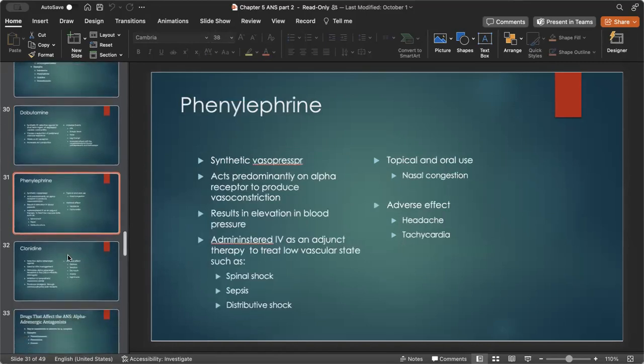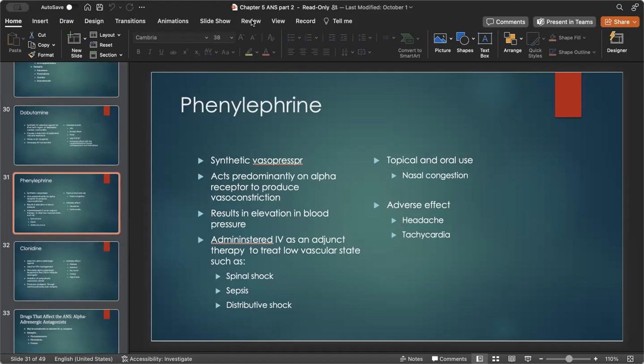Now we have phenylephrine, which is a vasopressor, and it works predominantly on those alpha receptors. What does that mean? Vasoconstriction. And you're going to see phenylephrine or pseudoephedrine used for nasal congestion. Why? We spoke about that: the vasoconstriction helps with alleviating symptoms of congestion. It can also be used in spinal shock, sepsis, and tissue shock, but the main use is nasal congestion.